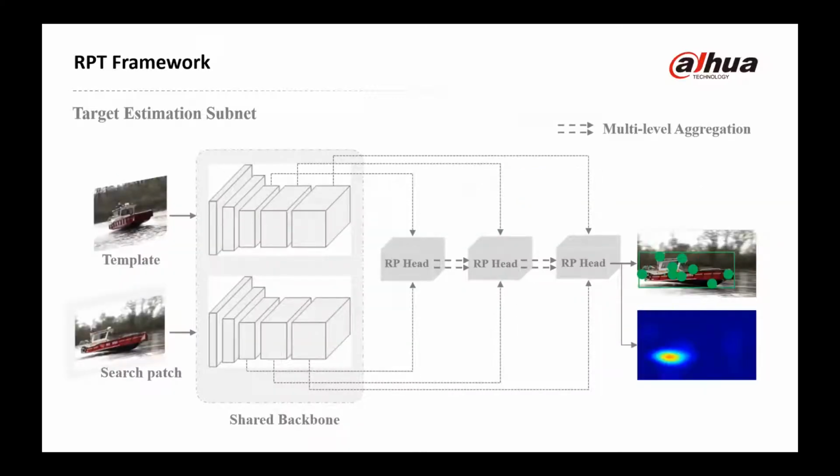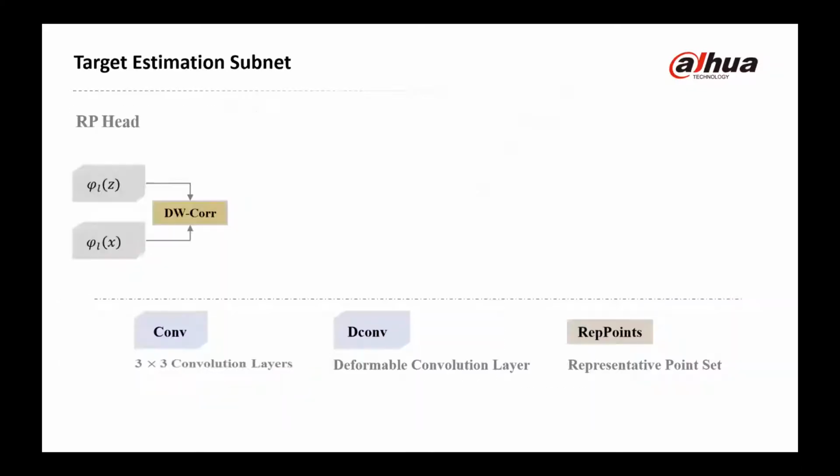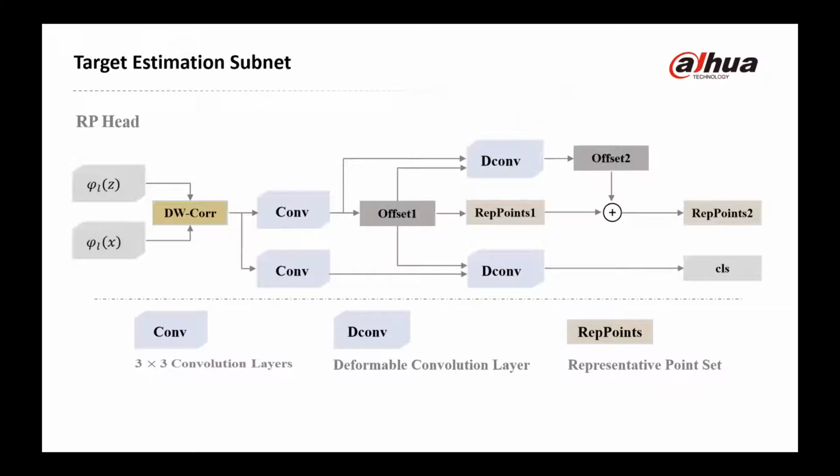For the proposed RPT framework, the target estimation subnet is constructed with a shared backbone network for feature extraction and 3 parallel RP heads for multi-level prediction. In particular, features extracted from a target region and a search region are cross-correlated in a depth-wise manner.